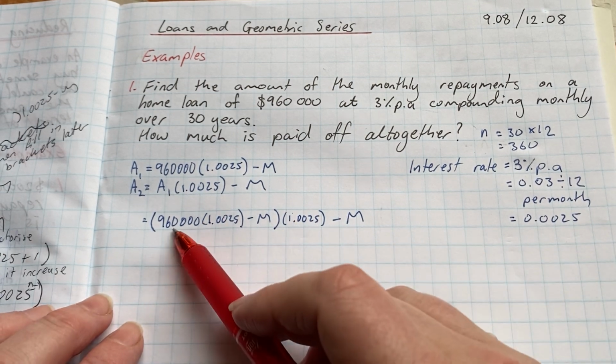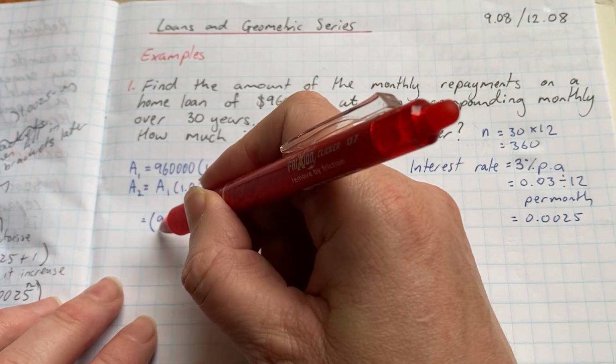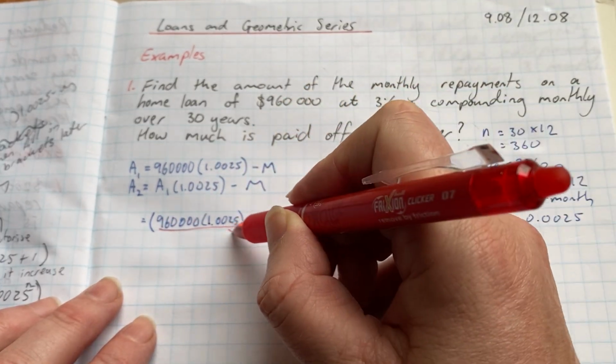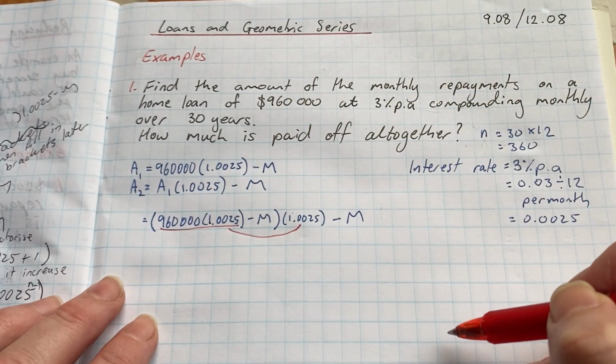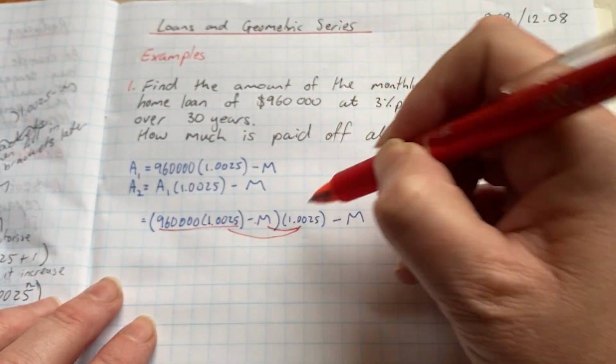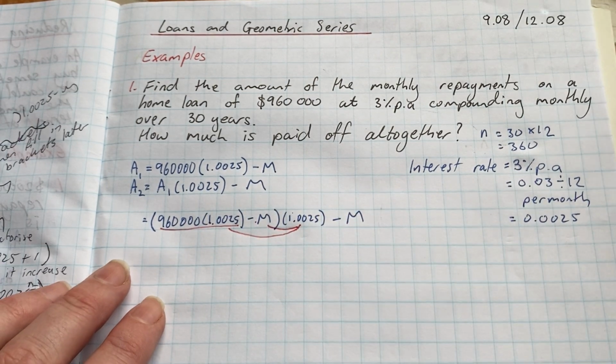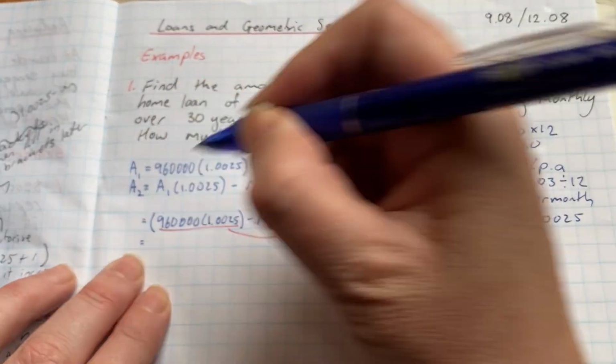Okay, and then we just need to expand these brackets. So it's this whole thing here multiplied by that, and the M as well multiplied by that. I just drew the rainbow things at the bottom because I'm leaving that space for that tip. So let's see what that gives us.